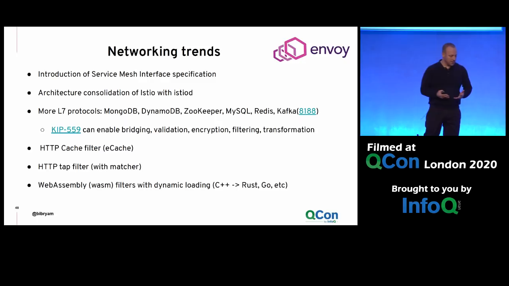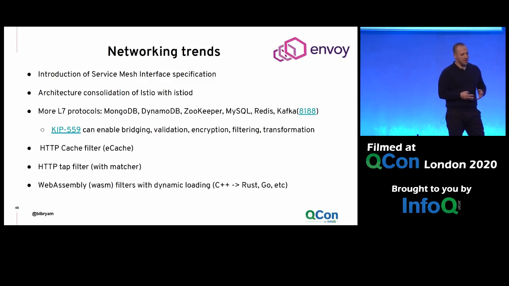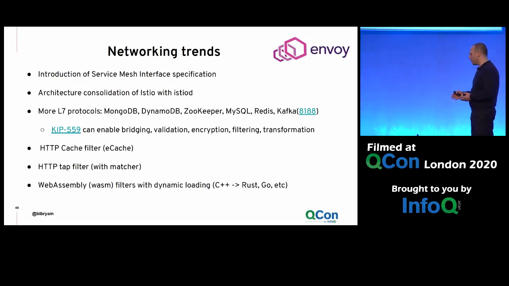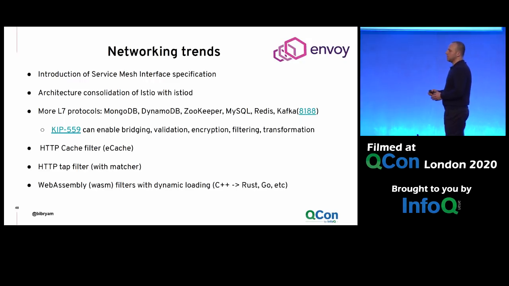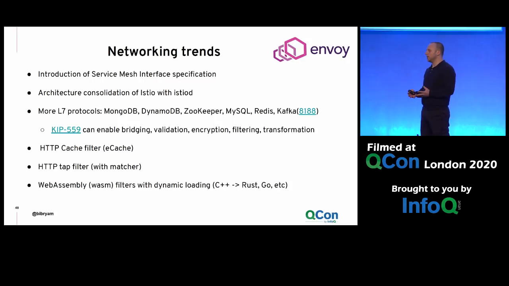And most recently, the introduction of WebAssembly. That means if you want to write some kind of custom filter for Envoy, you don't have to write it in C++ and compile the whole Envoy runtime. You can write your filter in WebAssembly and deploy that at runtime.